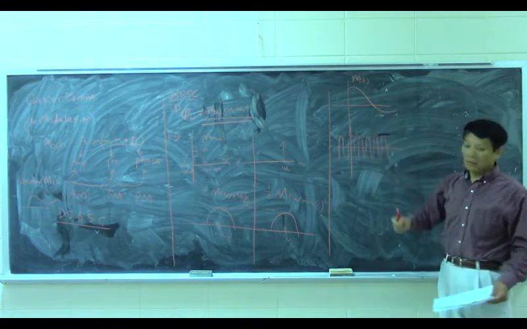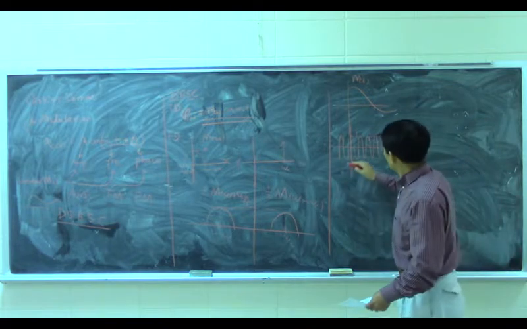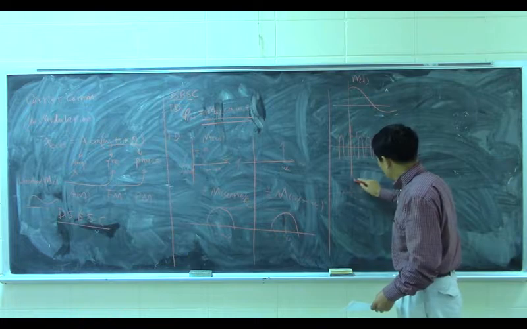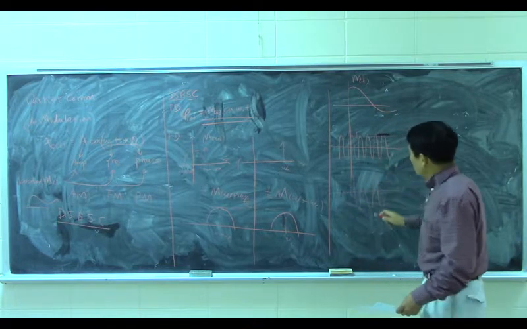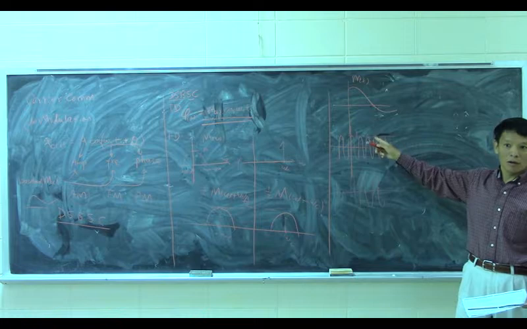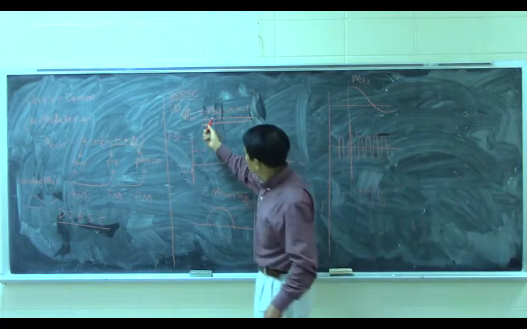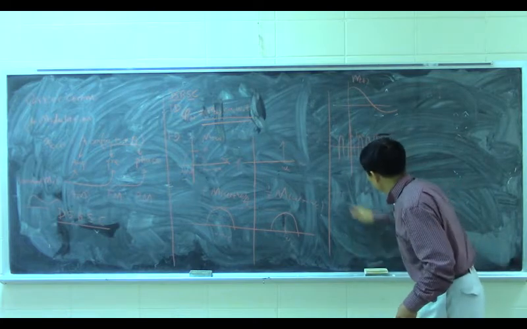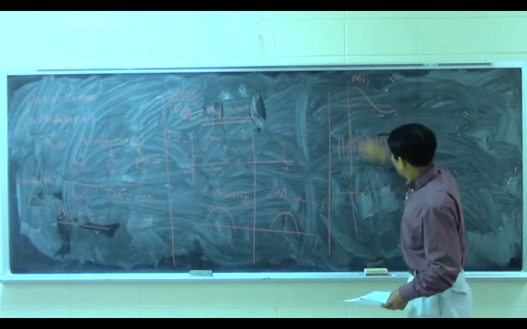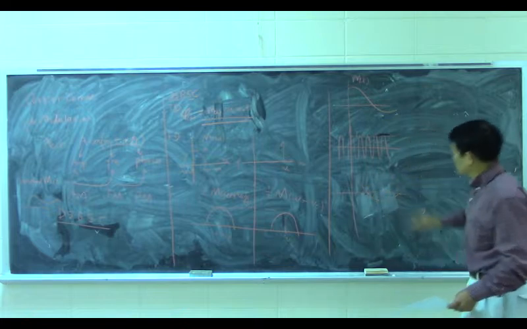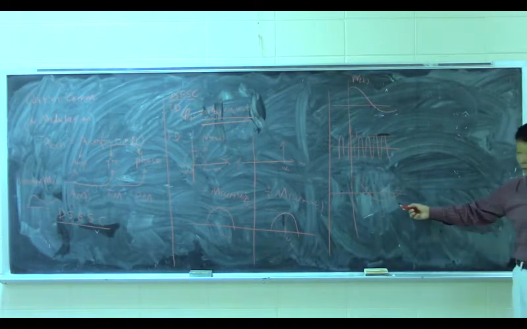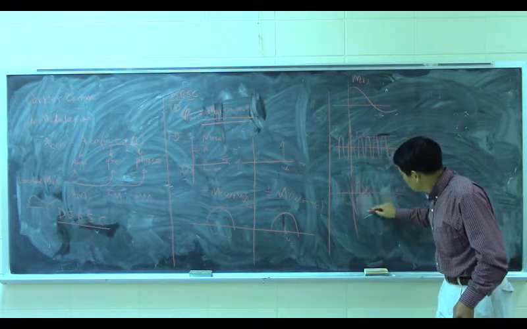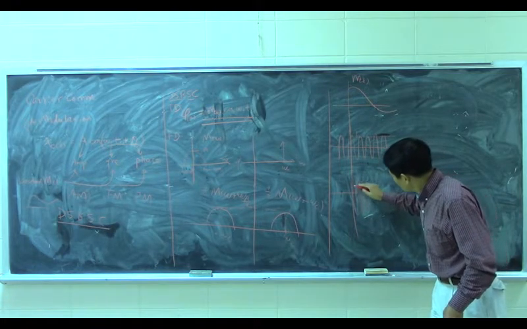Now this one multiplied by this, we still have this sinusoid function, but the amplitude is no longer a constant 1. It is m(t). So we copy this baseband signal, that is our amplitude.